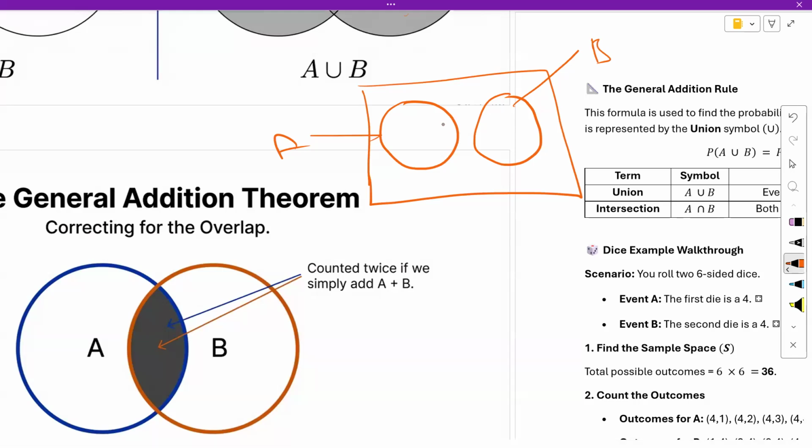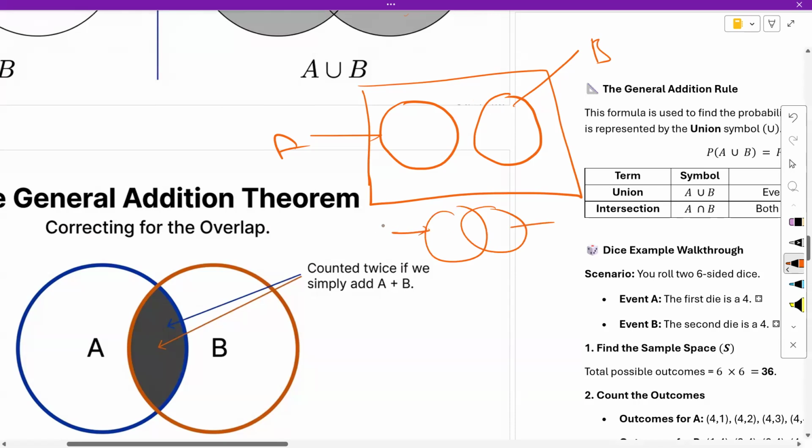That means in one trial, we can get either A or B. We can't take both. For example, when you toss a coin, you can't get the same outcome like this.